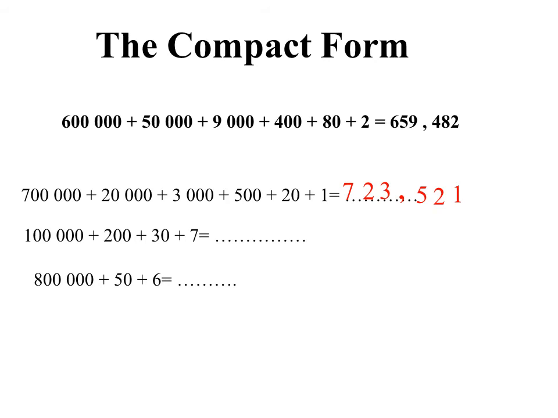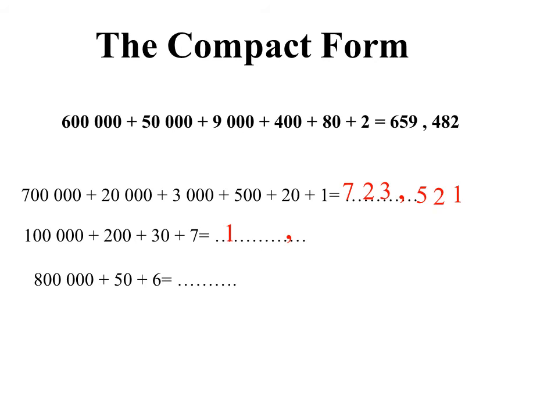The next is 100,000 plus 200 plus 30 plus 7. First we have to put the comma, then start. The first number is 100,000, so we'll put it in the 100,000 place. We'll put just 1.